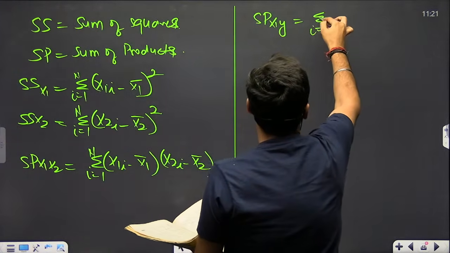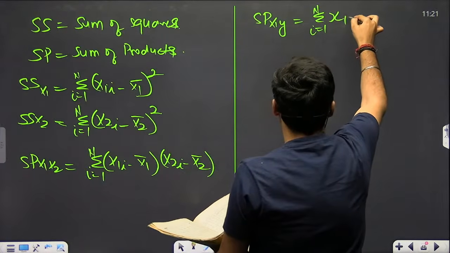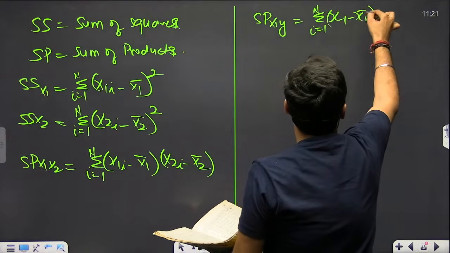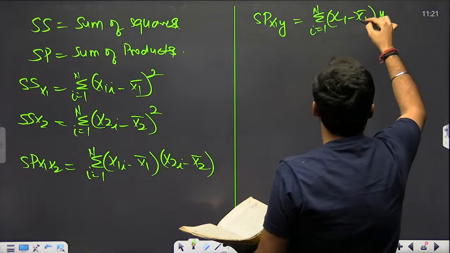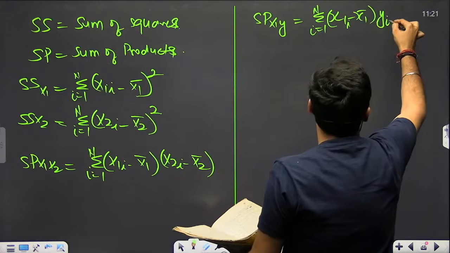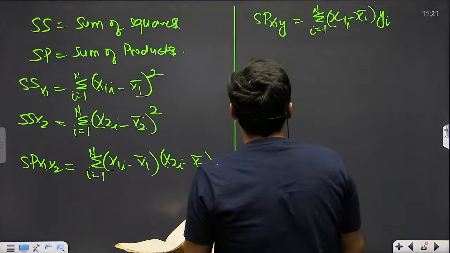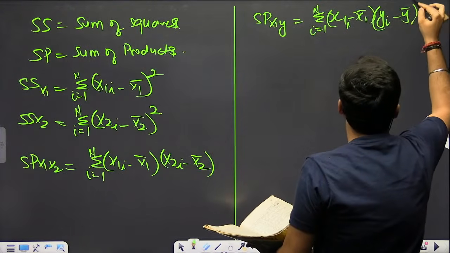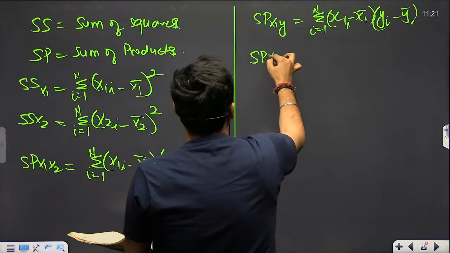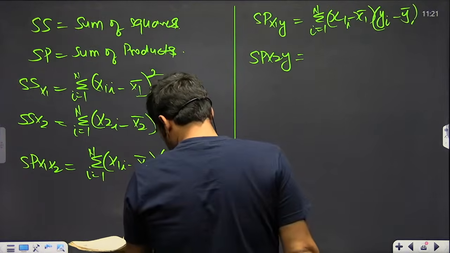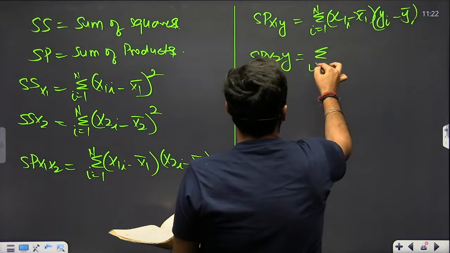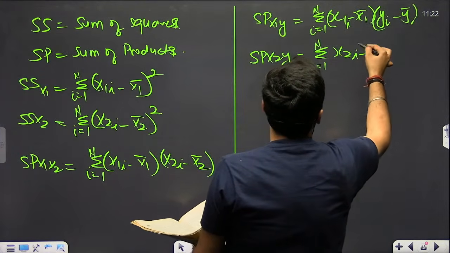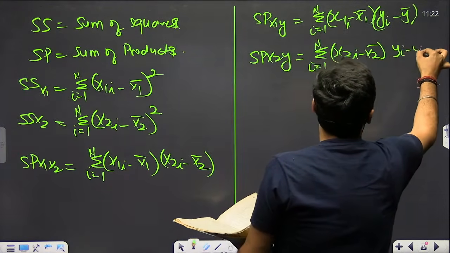Summation of i equals 1 to n, x1i minus x1 bar and yi minus y bar. The sum of products x2y is the summation of i equals 1 to n, x2i minus x2 bar and yi minus y bar.